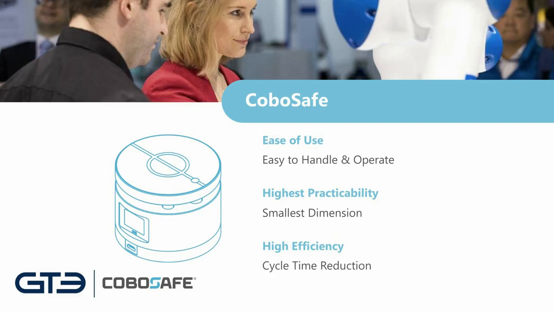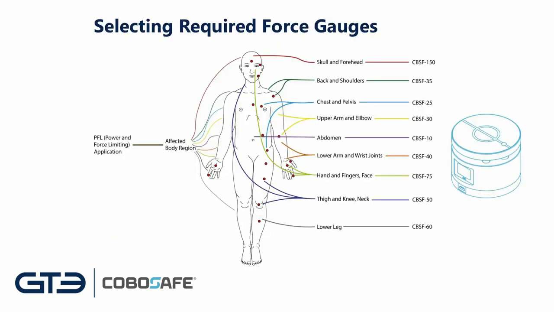For the selection of the required force gauges, it is advisable to carry out the risk assessment first, and based on that, you know the affected body region, and you can easily choose the appropriate force gauge.